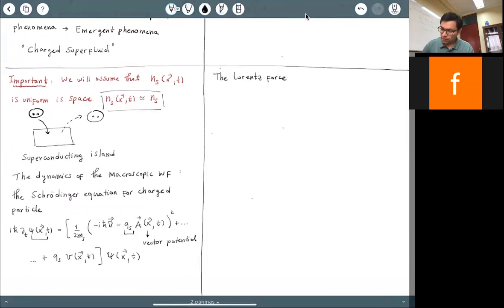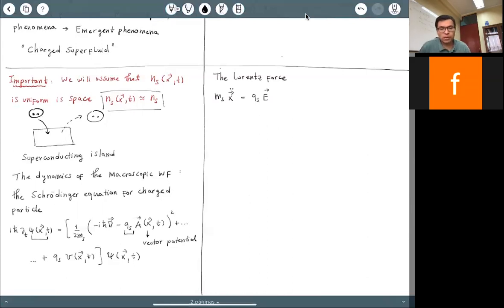And then here we have the equation of motion: m_s x double dot, so this is the acceleration. So this is a force, of course. Mass times acceleration equals a force, which is the Lorentz force.